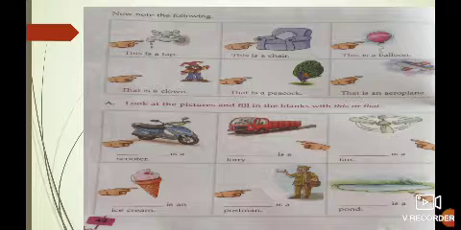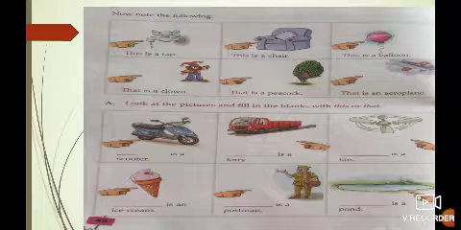Children, if you can see carefully, you can see that wherever this is written, all the pictures are near to the finger of the hand. Now below that, pictures are far away from the hand. So it's written, that is a clown, that is a peacock, that is an aeroplane.